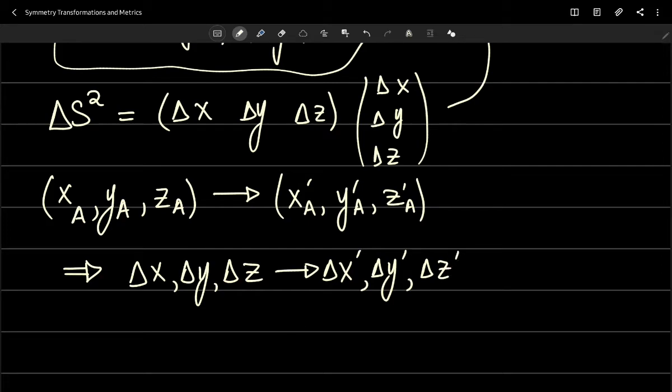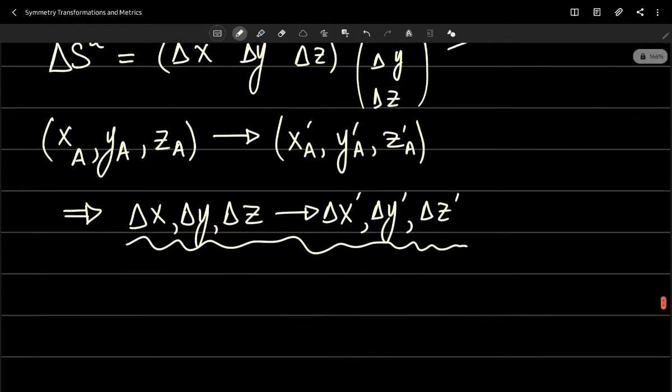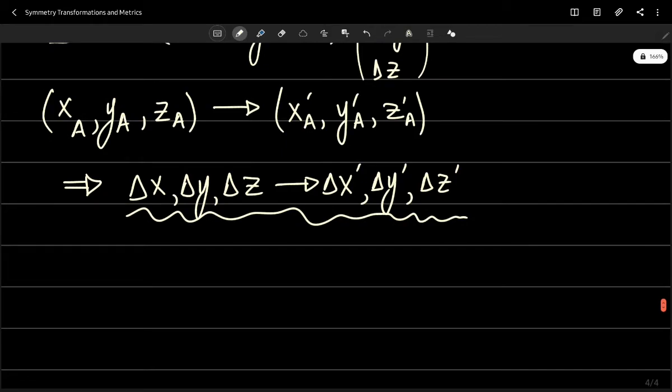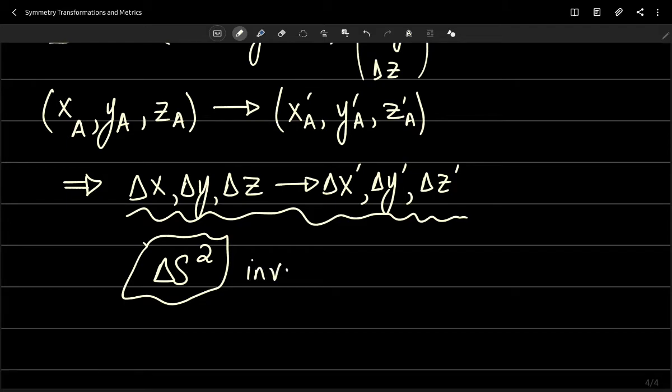And these coordinates would change for transformation to a new coordinate system. What will not change is this delta s squared, right? So this has to be invariant, which is the distance between the two objects, right?